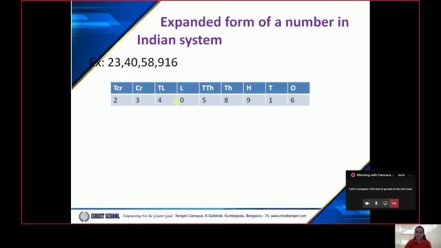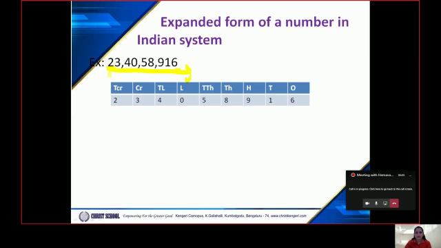Then you will get to know exactly how you have to expand the given numbers. You have to expand the numbers by using your leftmost number, that is 2, till 6. You have to start from here, and it is going to end at 6.